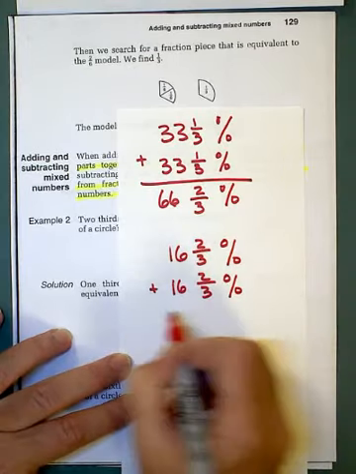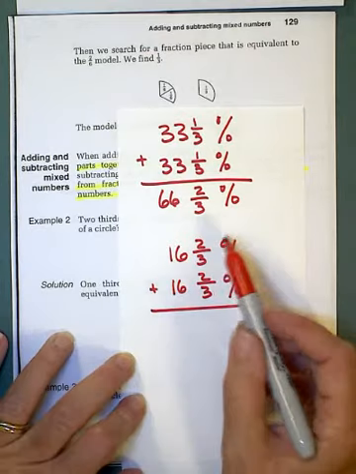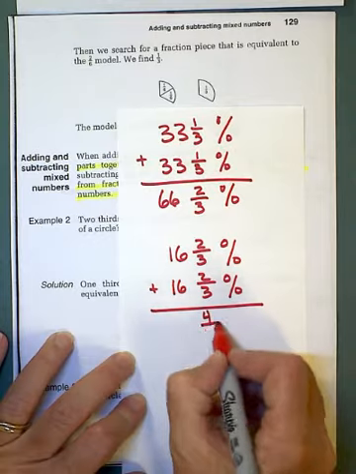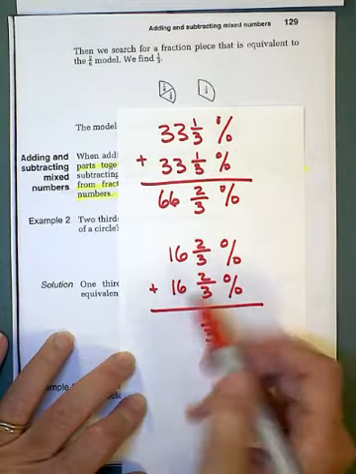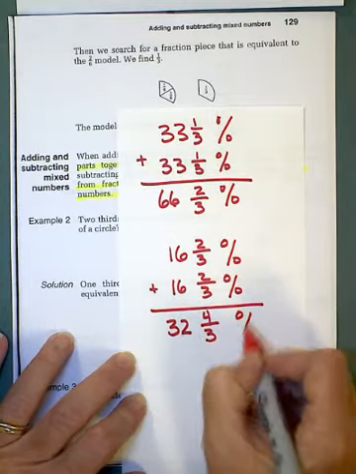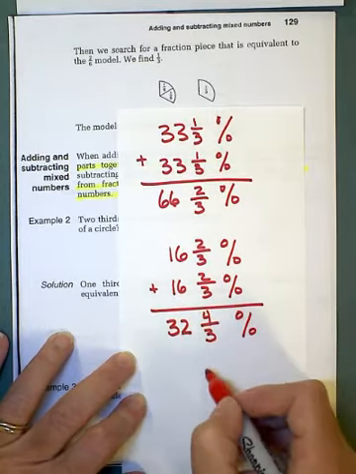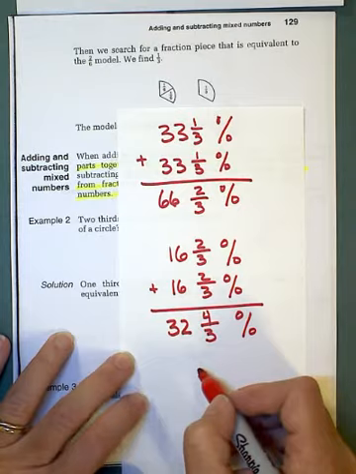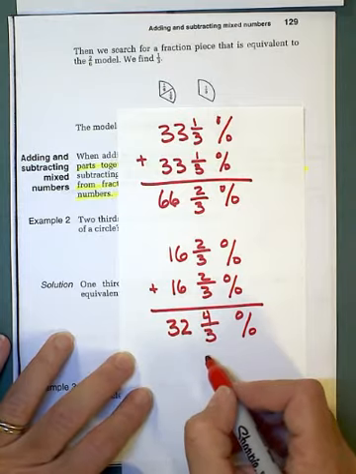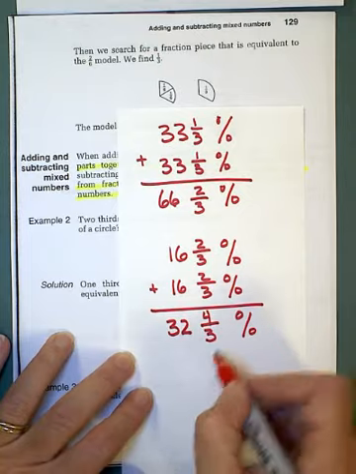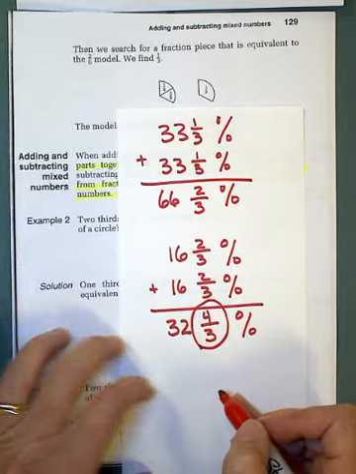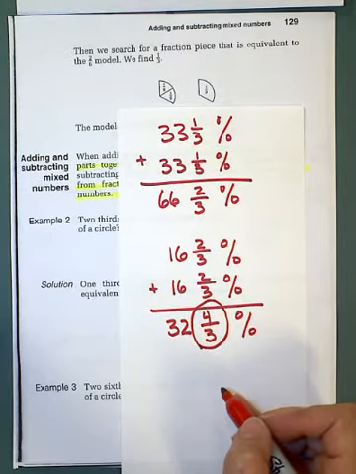Let's begin by adding our fractional parts. 2/3 plus 2/3 is 4/3, and 16 plus 16 is 32. Now, while you might be tempted to say, aha, I've solved the problem, you need to go back and check and make sure that this number is written in its simplest form. In this case, we notice right away that 4/3 is an improper fraction, and we need to simplify it.